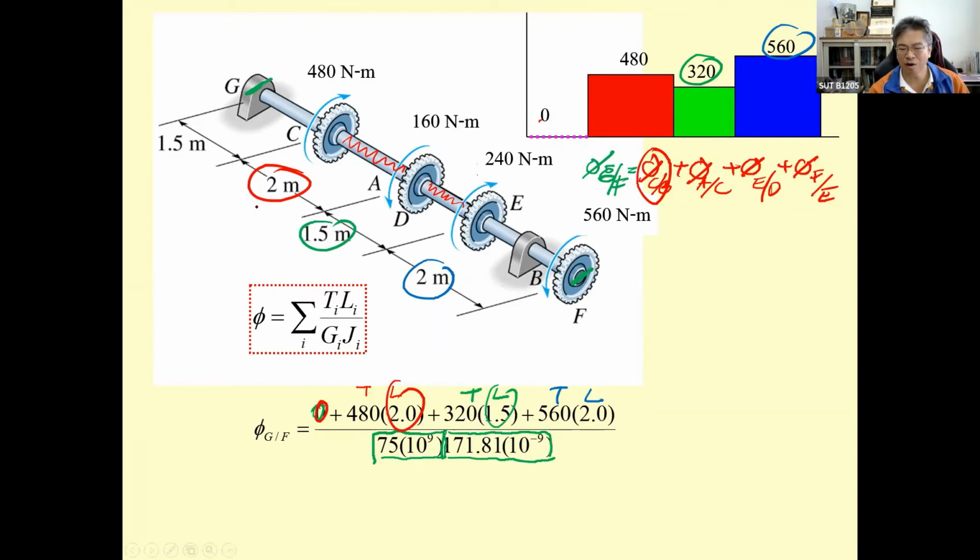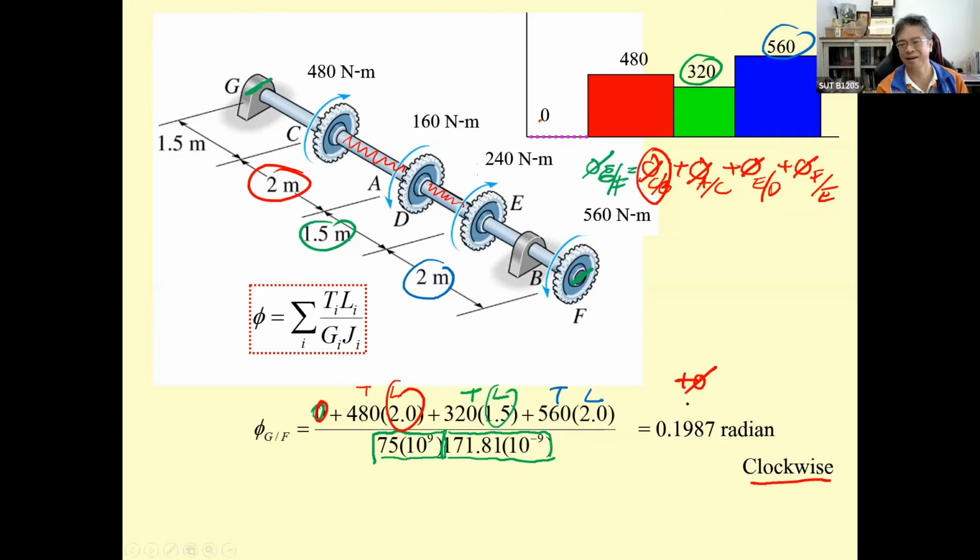So following the units Newton and meter, you will get the angle of twist to be 0.1987 radian, and it's going to be clockwise because this is a positive phi.